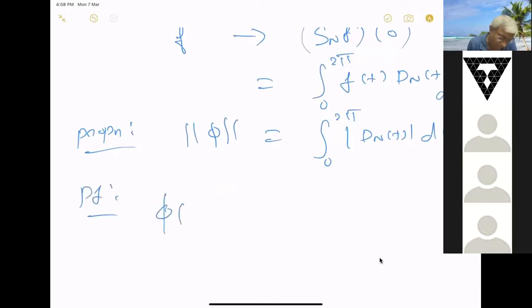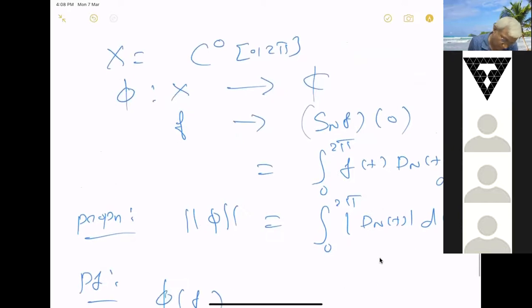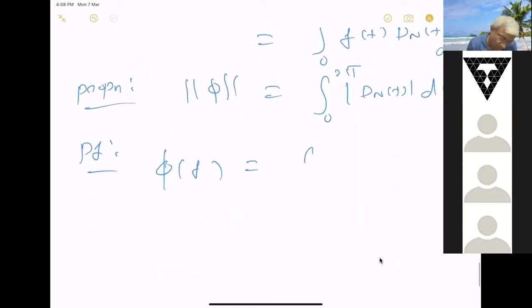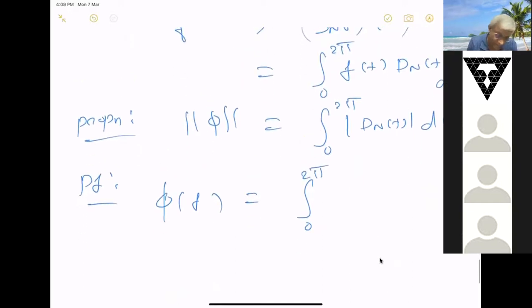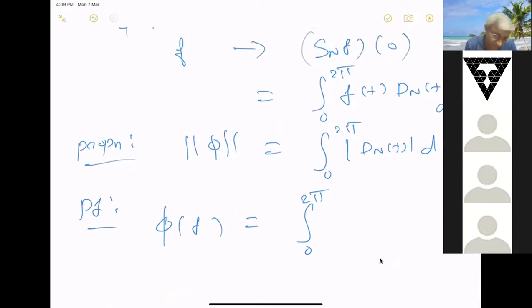So first, phi of f equals the integral 0 to 2 pi. Here x is 0, since we are just evaluating the partial sum at 0. That's why I have not written f of t plus x or something. It is at 0.